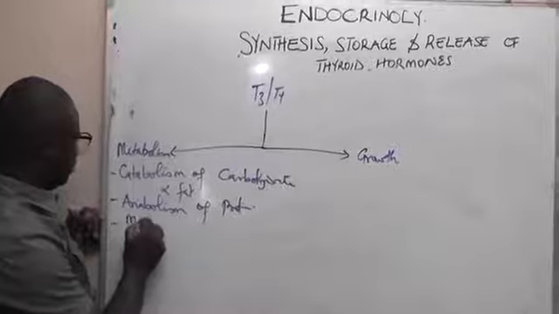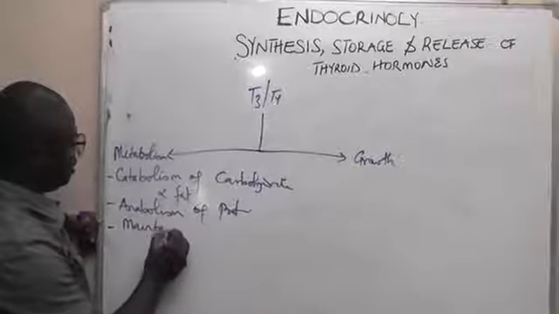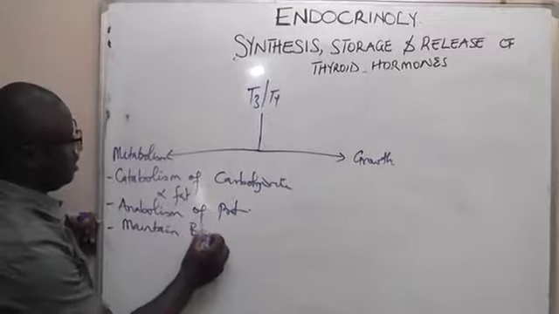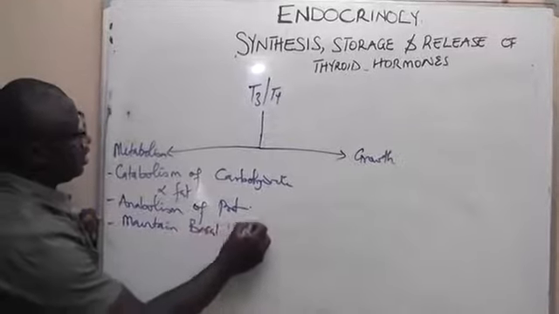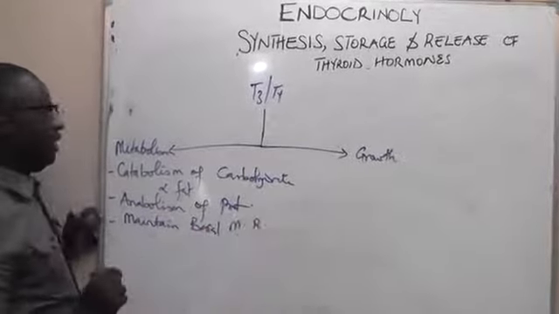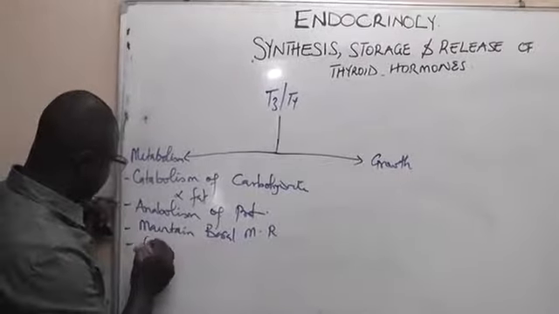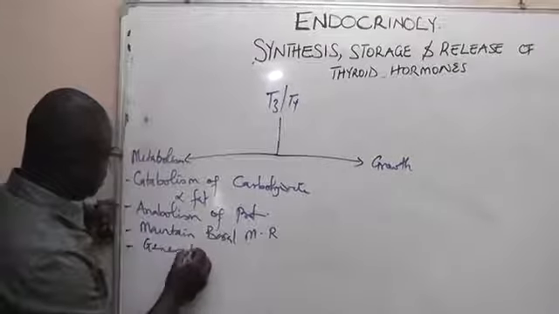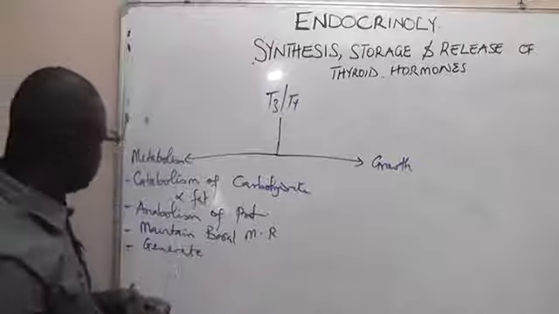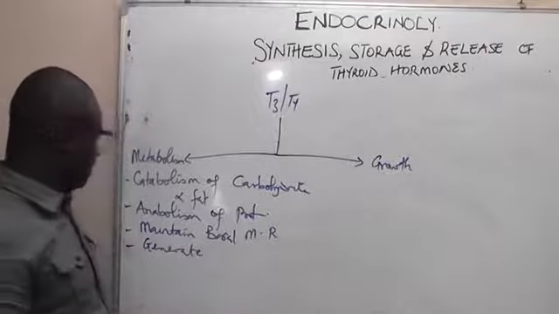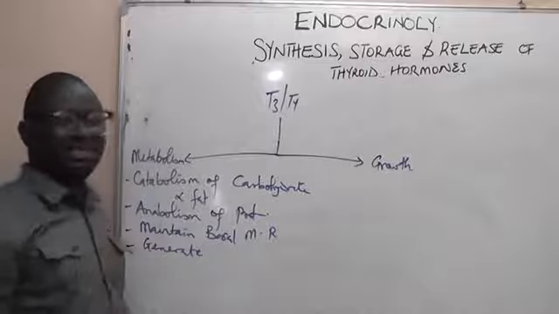Then another function is that they help to maintain the basal metabolism, the basal metabolic rate. Okay? Then very, very important, they help to generate heat. All right? Since we say that they have something to do with metabolism, they help to generate heat.